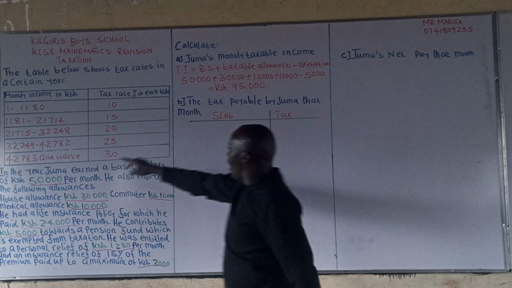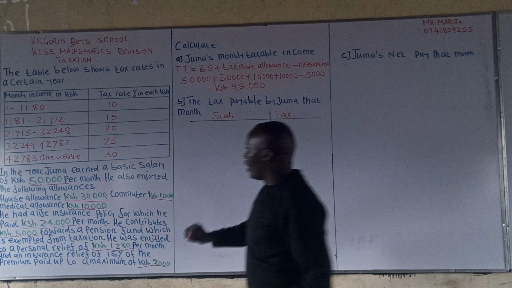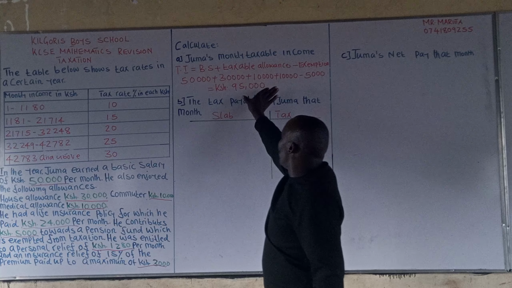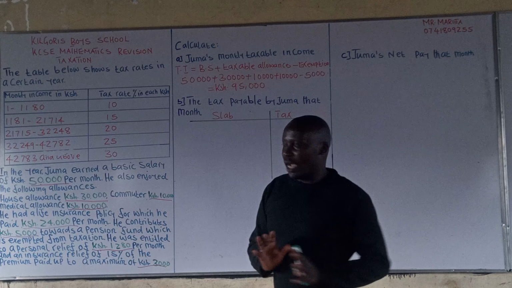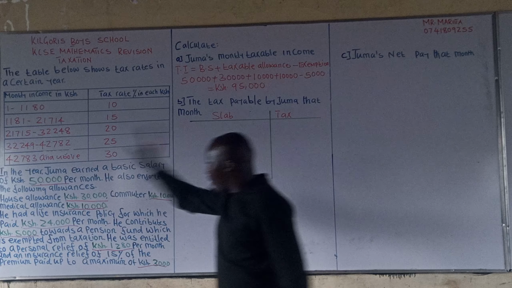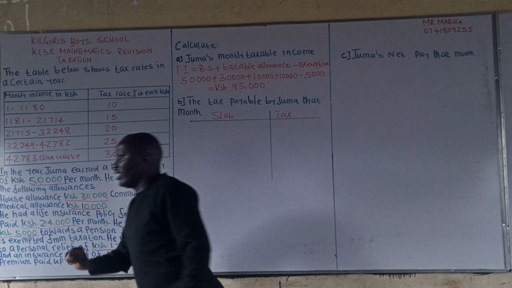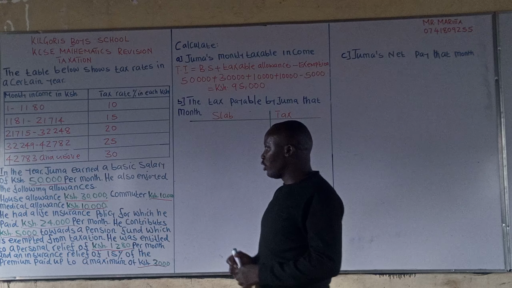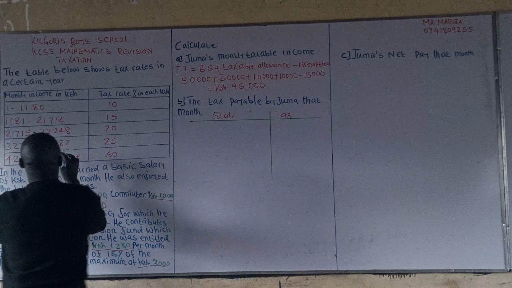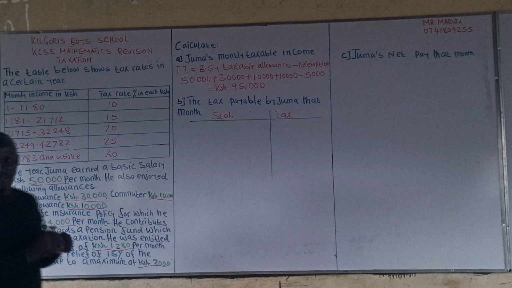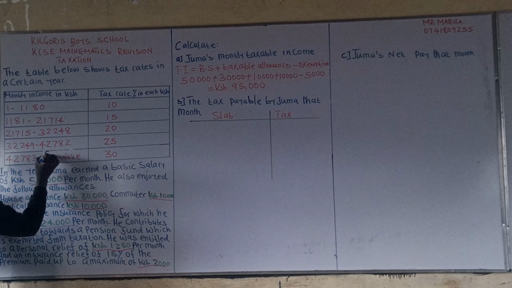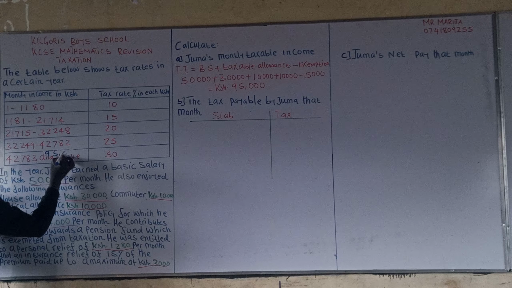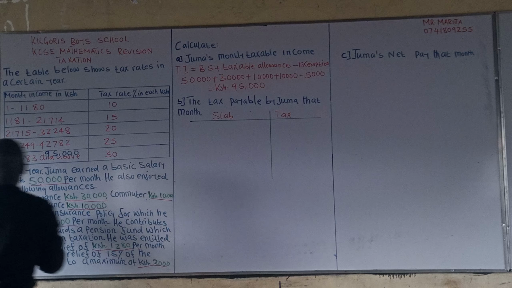When you compare the values given on the table and the taxable income, you get that the monthly taxable income of Mr. Juma is above the 42,783. So we have that value here, the 95,000.